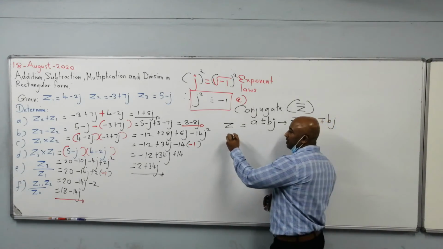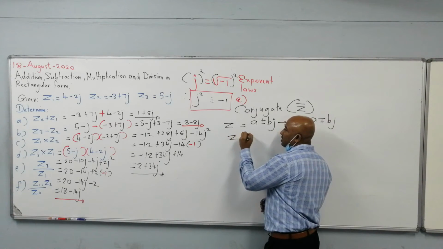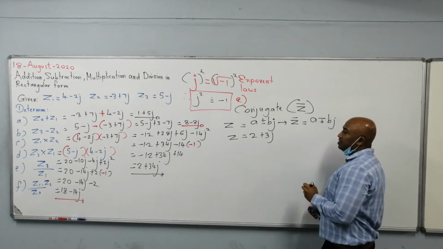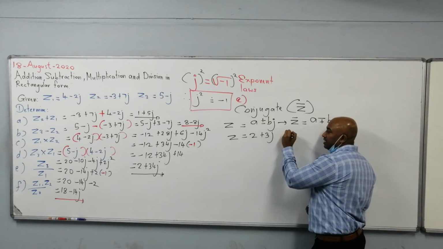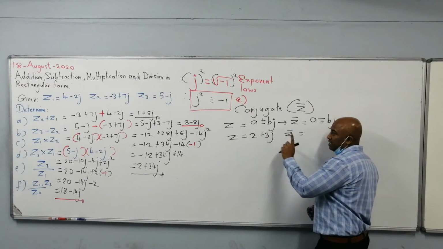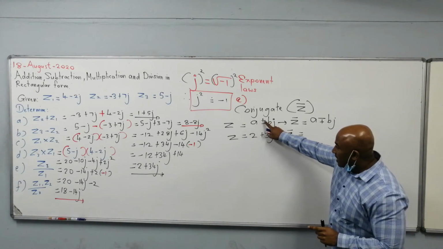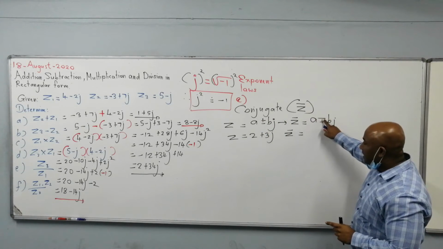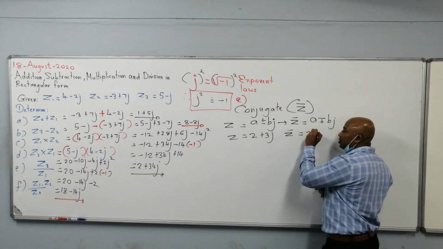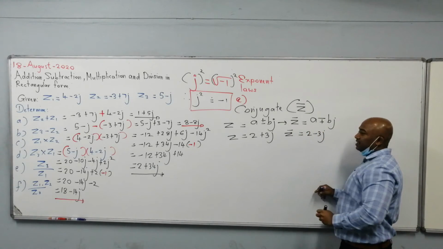Let's take an example. If I got z is equal to 2 plus 3j, and if I ask you to write down the conjugate here, z with the line above, what is the conjugate of 2 plus 3j? That means you look at the sign. If it was a plus, the sign changes to minus. So the conjugate of 2 plus 3j is 2 minus 3j.